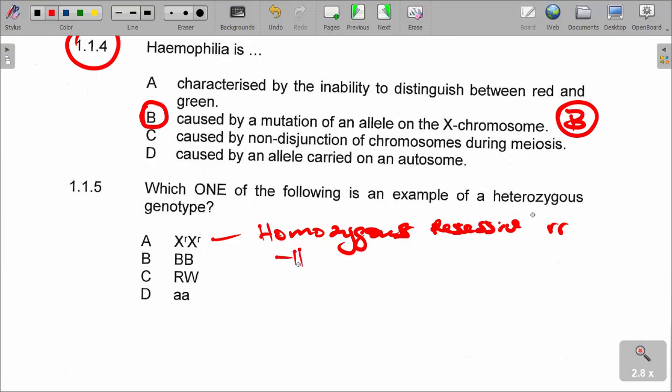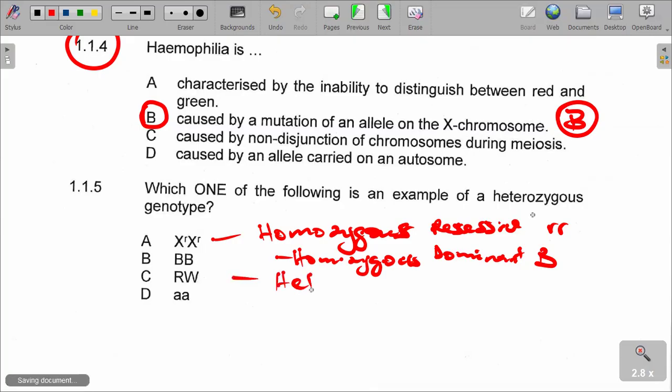This one is also called homozygous dominant B, and then we have also this one, which is heterozygous, red and white, because we have two contrasting alleles that are joined together.